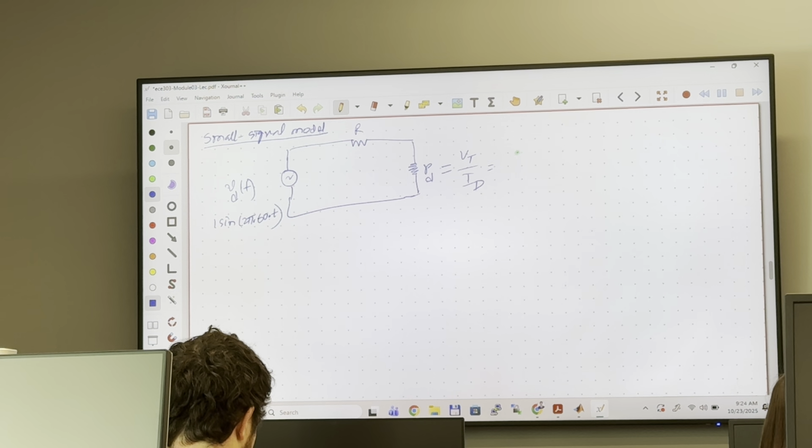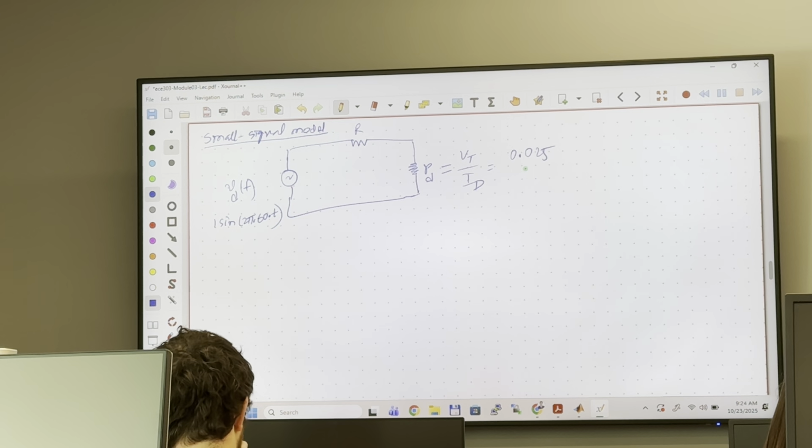VT is 0.025 volt, and ID is 0.93 milliampere, which is 10 to the negative 3 ampere. So the unit is going to be ohm. How much is it, guys?